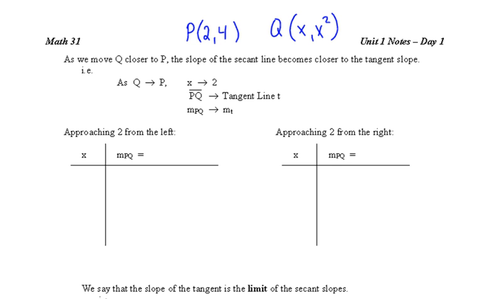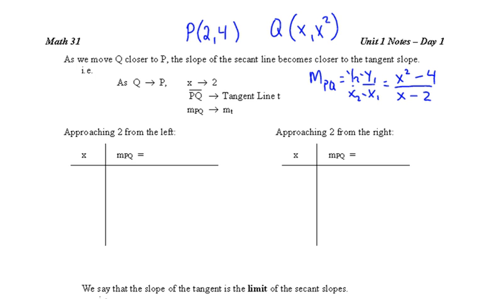We want to use the slope formula. What is the slope formula? y2 minus y1 over x2 minus x1. Let's make our slope: x squared minus 4 over x minus 2.